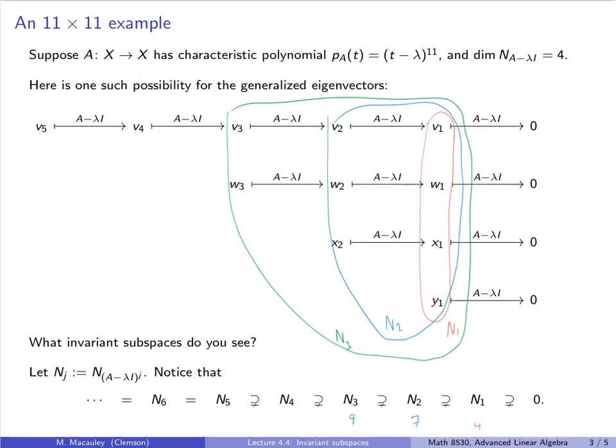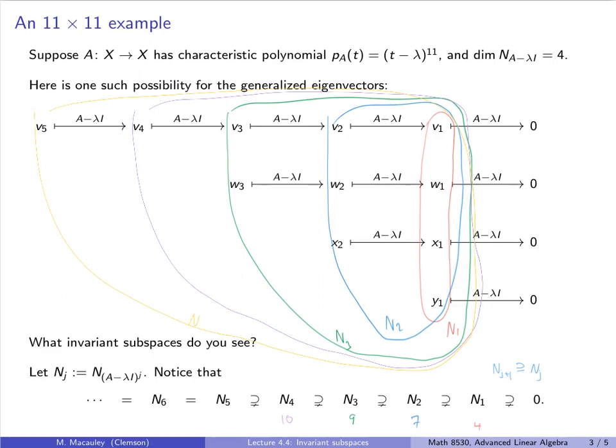Notice how it should be obvious that Nj is always going to be contained in Nj plus 1. So N4 is going to be this space here. This is going to be 10-dimensional. And then N5 is going to be 11-dimensional, spanned by all of these things.